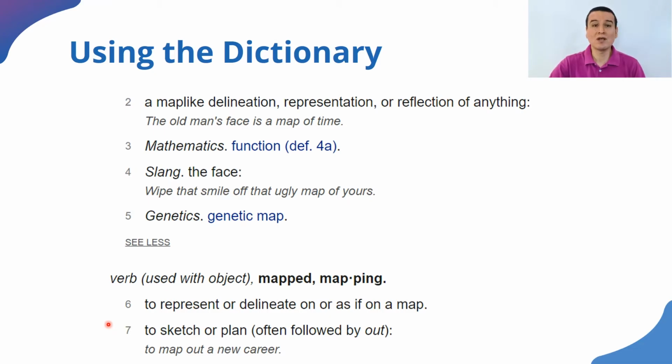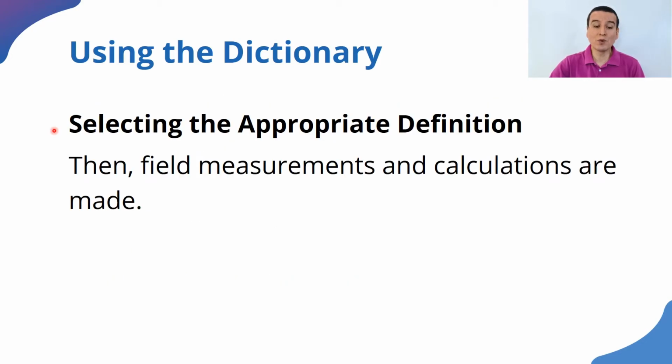Okay? So as you can see, they give you definitions and you have to make the choice which is the definition that serves your purpose, which is the one that is being used in the text. To do that, I would like to do this exercise together with you. And I am going to look up the word field in the dictionary.